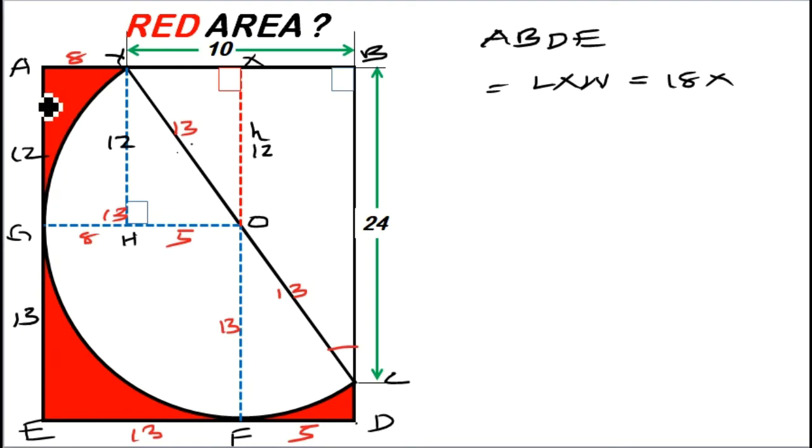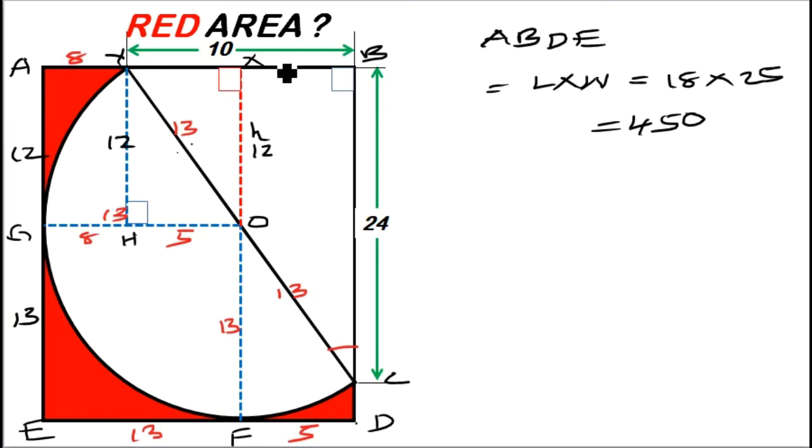So the width from A to E is 12 plus 13, that is 25. So we have 18 times 25, 450. So we have the area of the whole rectangle to be 450.